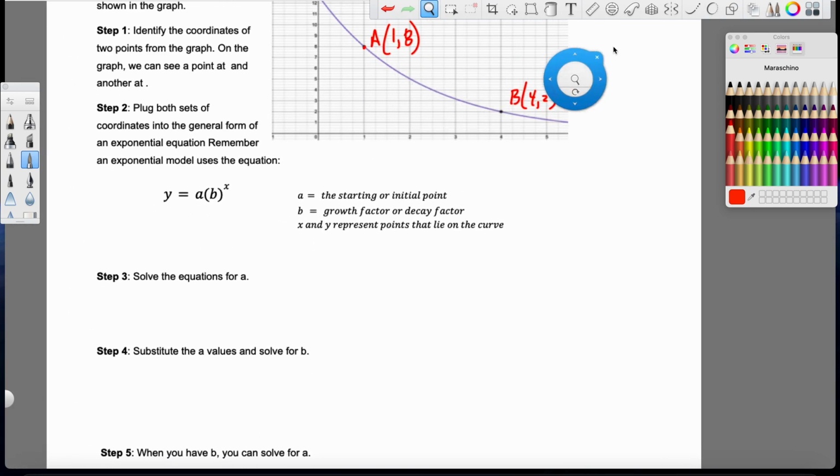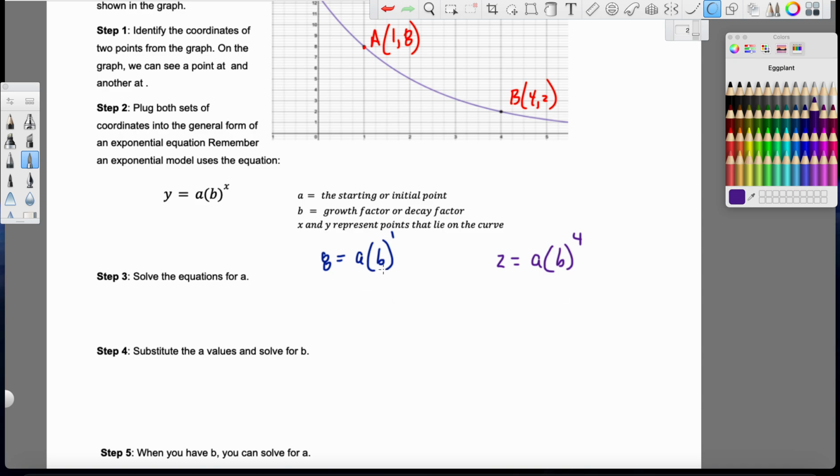All right. We're going to take the exponential equation here and substitute 8 in for y. So a b to the first, and then I've got 2 equals a b to the fourth.